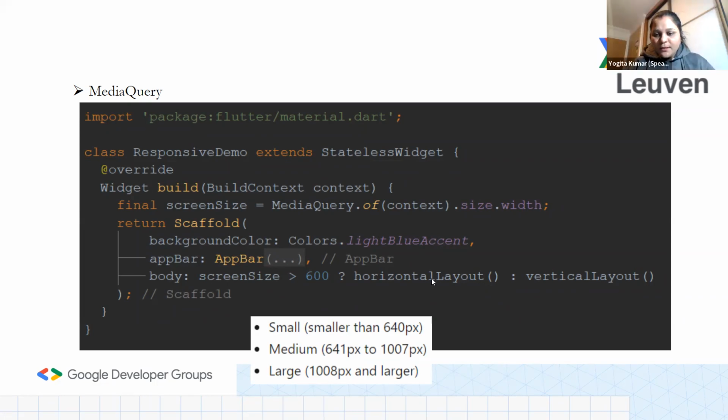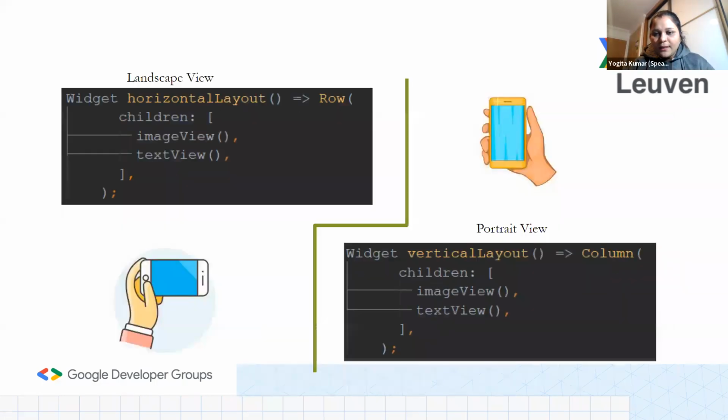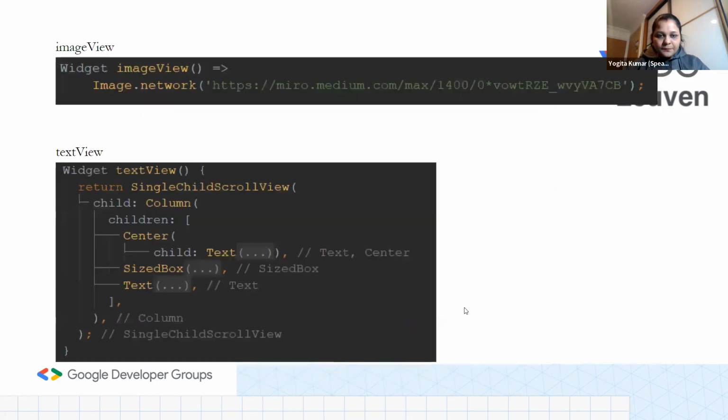Now, what is in the horizontal layout and the vertical layout? In the horizontal layout, I consider one row, and in that row I display my image view and the text that the customer demanded, one image and one text. The vertical layout is a vertical column that displays the image view and the text view. Now, what is the image view?